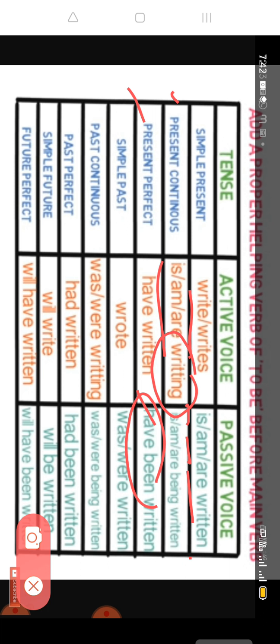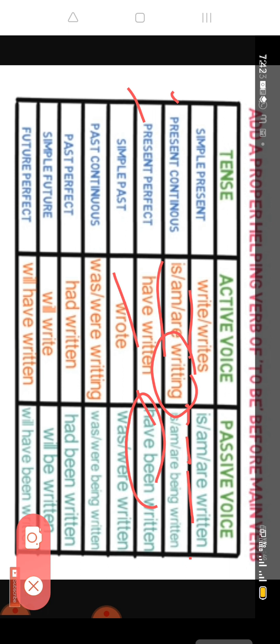And students, if the tense would be past indefinite, then the verb would be in the second form, such as the second form of write would be wrote. And if we are going to change it, then it would be changed into was written or were written.